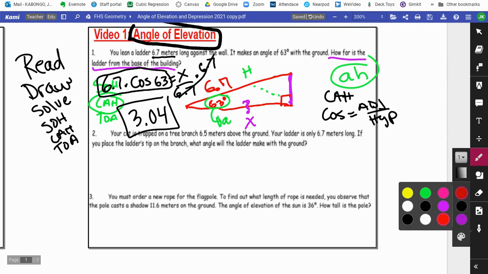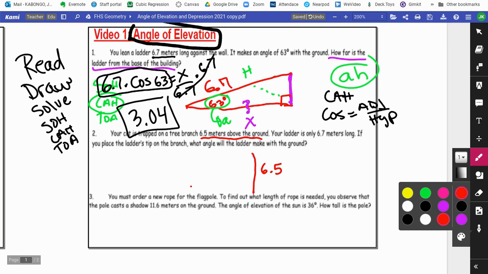Number 2 says the following. Your cat is trapped on a tree branch that is 6.5 meters above ground. So let me draw a tree. Remember, you've got to read, then you've got to draw. So here's a tree, and this tree is 6.5 meters above ground. Then it says the ladder is 6.7 long, and you place the ladder tip on the branch.